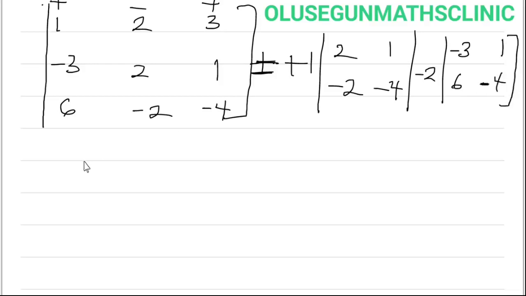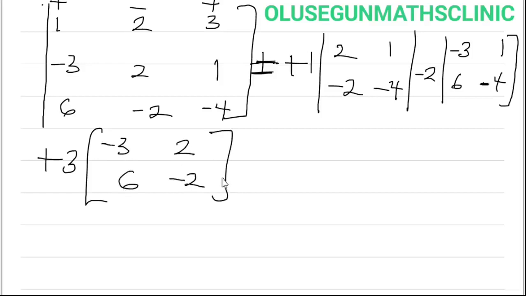So therefore, plus 3 on 2, minus 3, 2, 6, minus 2. So that's all. Now you expand the value. This will give you minus 8. So we said 1 bracket open.